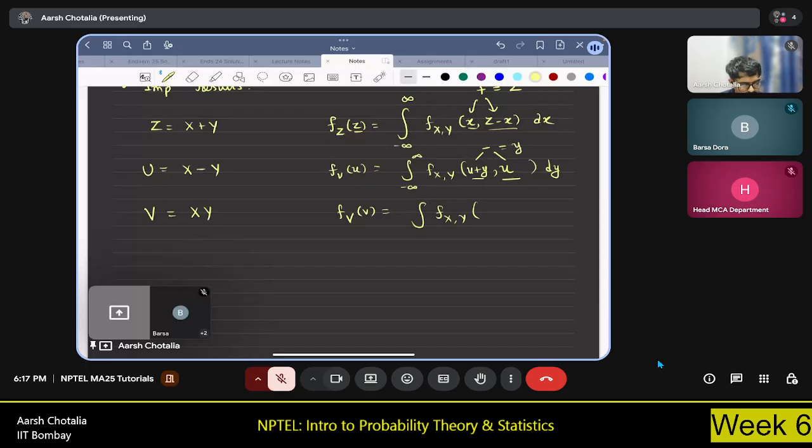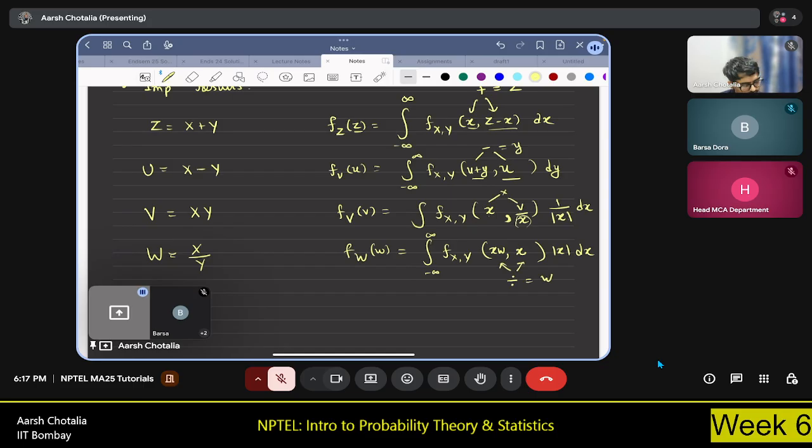So 1 by mod x here, and similarly if I divide by y, then I can write the distribution of w, same thing, but now the ratio should be w. So if this is x and w, this should be x, and there would be this Jacobian term. Right. So again, if you divide these two, you get w. You multiply these two, you get v.